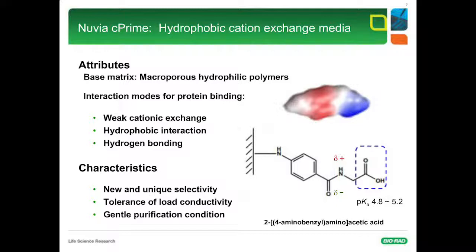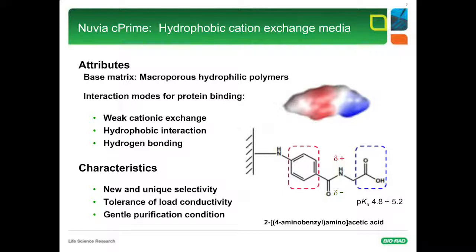On top of the chemical structure, you also see a model that shows the distribution of charge and hydrophobicity on this ligand based on calculation studies. The red color shows you the hydrophobic benzene ring, and the blue color shows you the charged carboxylate.